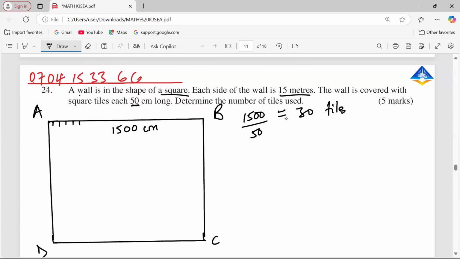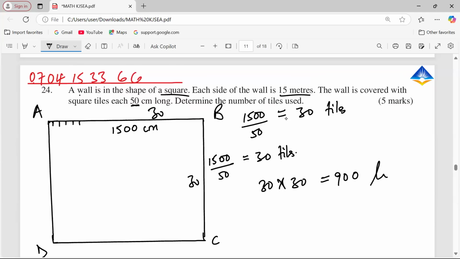Then, because it is a square room, also here we will have 1500 divided by 50, and we will also have 30 tiles. So the tiles here will be 30 by 30. When we multiply 30 by 30, we shall get 900 tiles.